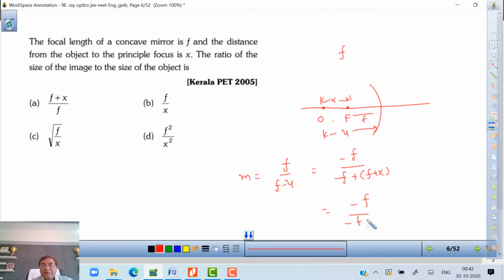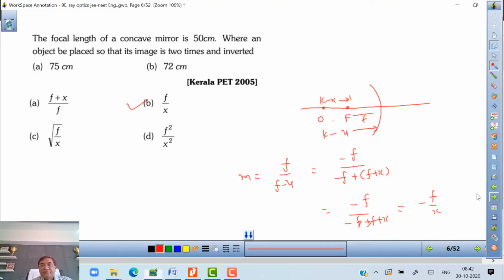U is always negative, so it becomes plus. So plus f plus x. So f is cancelled. So you will get minus f upon x. So f upon x modulus wise. So this is your answer. F upon x is your answer, right?